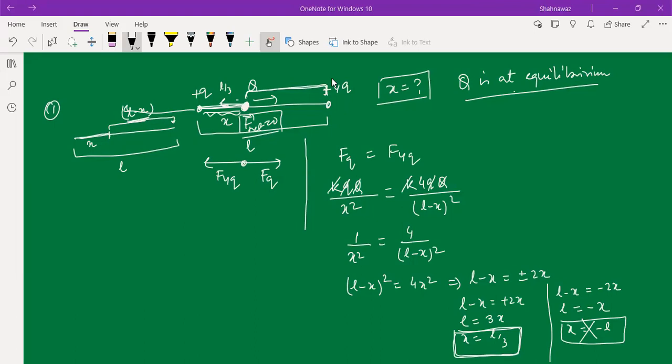In 4 batch, what is this 4 batch? So did you guys learn this in the CBSE course? I asked that. If you learned this, then I will skip this part.